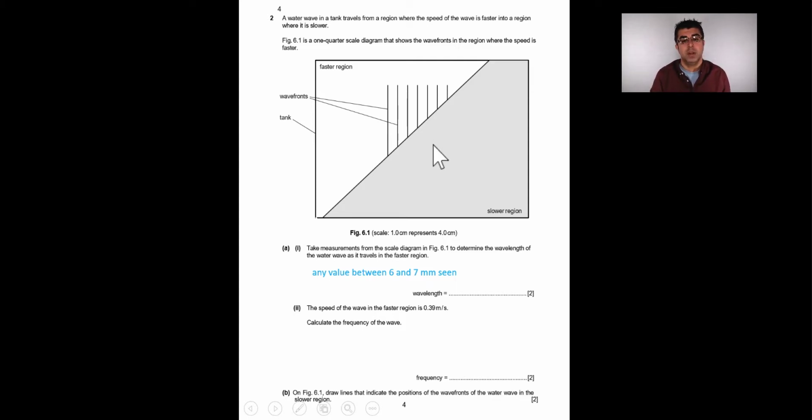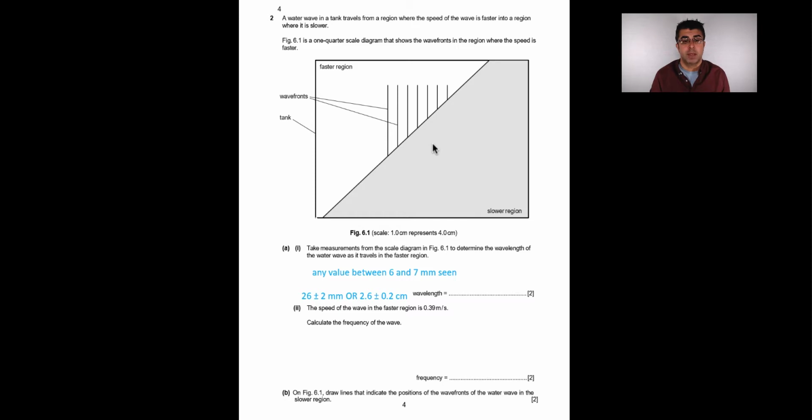And then what you were supposed to do is multiply that by 4 because it told you that it was a quarter of the actual size. So roughly 26 plus or minus 2 millimeters. In other words, you could have said 24, 25, 26, 27, 28 millimeters for the full wavelength, or you could have done it in centimeters.